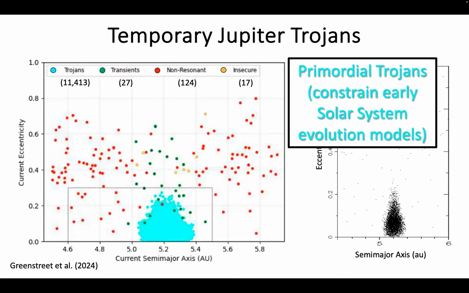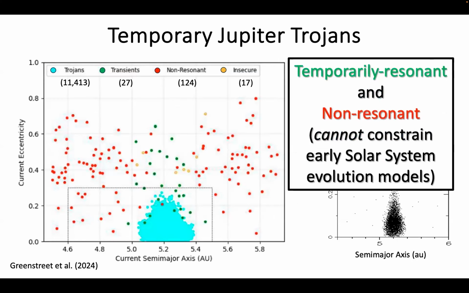So these are the objects we can use to constrain models of Jupiter's early migration. However, the green and the red objects are those that are either only temporarily in the resonance or aren't resonant at all. And so these objects in particular cannot be used to constrain Jupiter's migration.